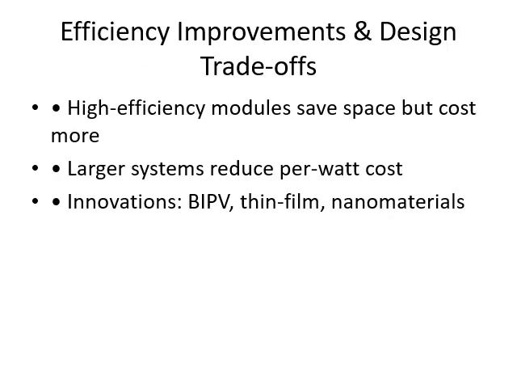Now, efficiency improvement, what has been going on? We have seen that thin film requires the highest amount of space because it's less efficient. So if you have a high efficiency photovoltaic system, we will need less space, but cost will increase.